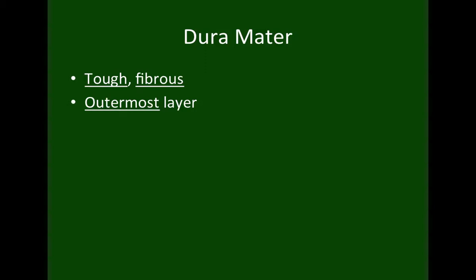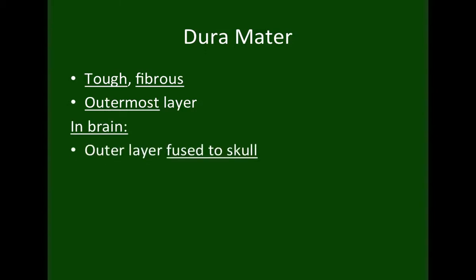Now there is a little bit of difference in terms of the Dura Mater depending on where it is located, and you'll see what I mean when we go through it. In the brain and in the cranium, the outer layer of the Dura Mater is fused to the bone of the skull. So if you take off part of the skull, you're removing part of that membrane as well. It's fused together.